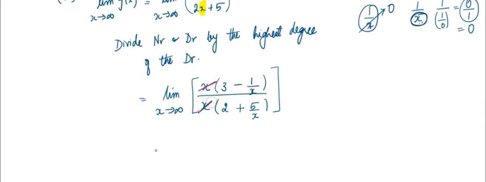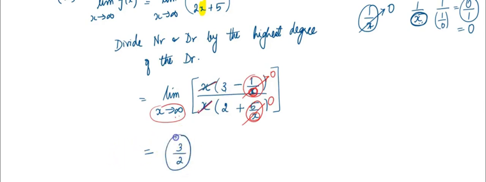We know that. But then as we allow x to approach positive infinity, that is your x sitting in the bottom, right? That means when this x becomes really, really large, this fraction will approach 0. This fraction will approach 0. Look at what we're left with: simply the numbers 3 over 2.